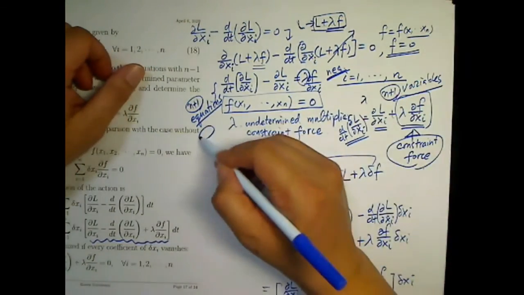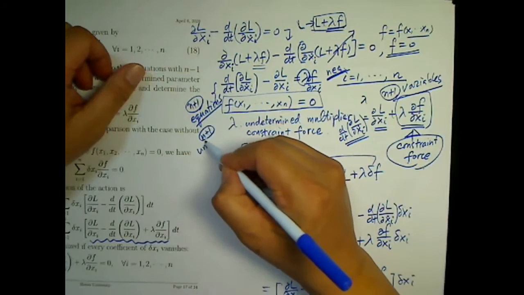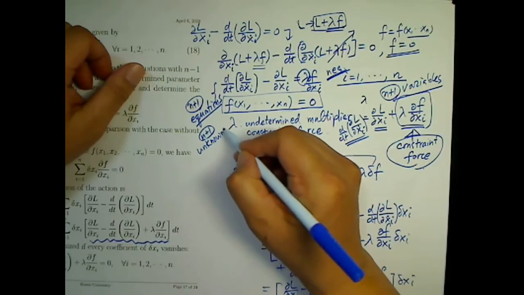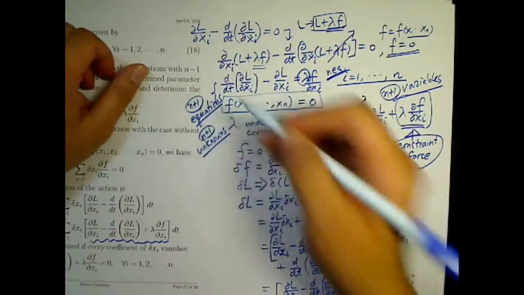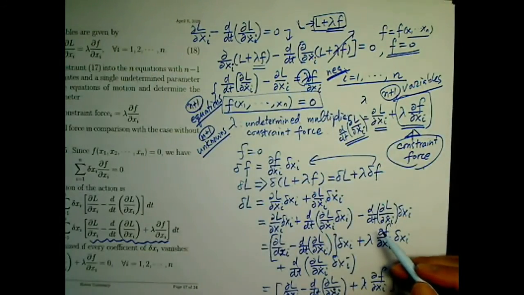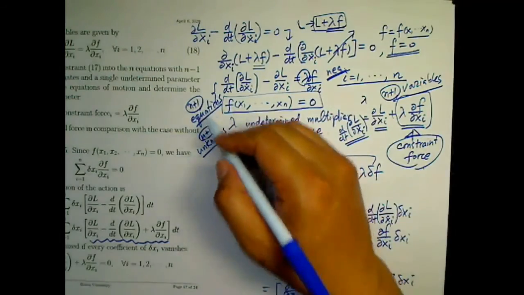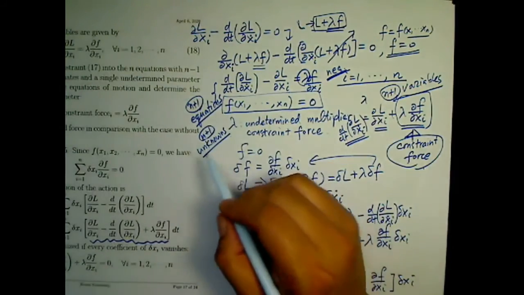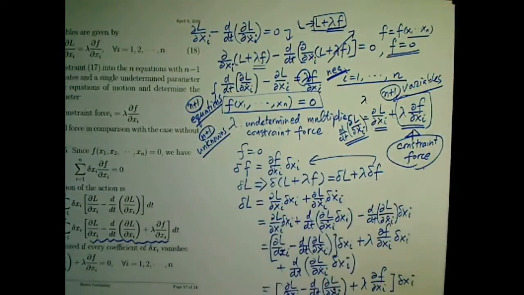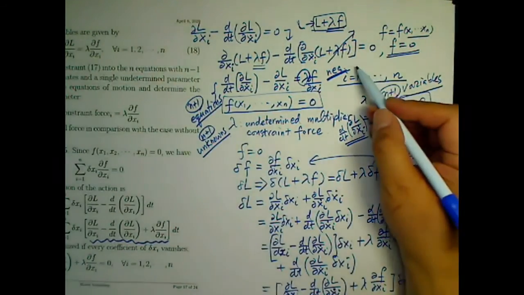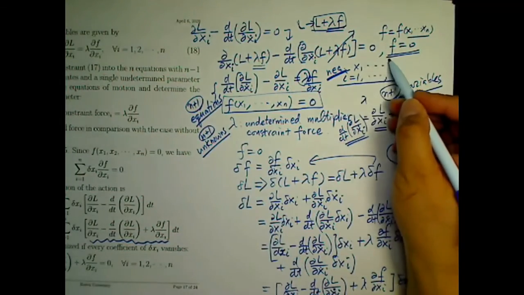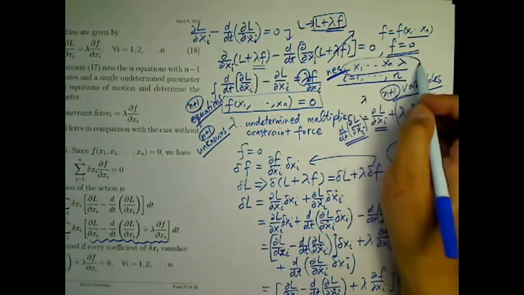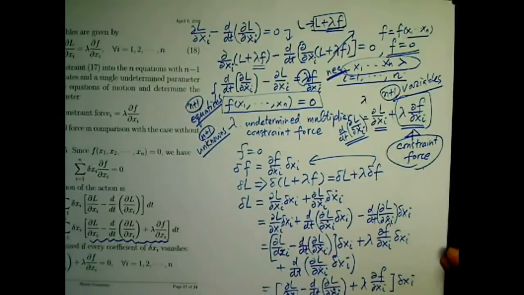So we have n plus 1 unknowns. With these n plus 1 independent equations, we can solve for the n plus 1 variables that are x1 to xn and lambda. All right.